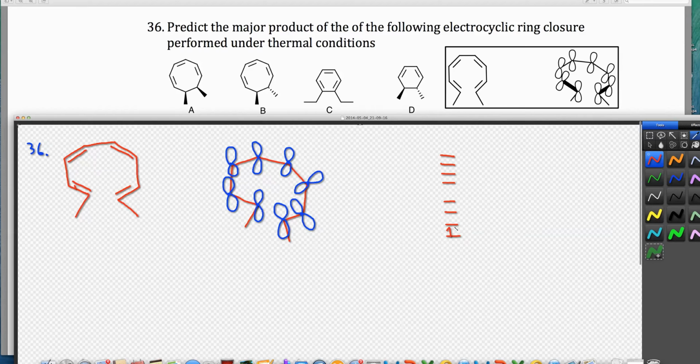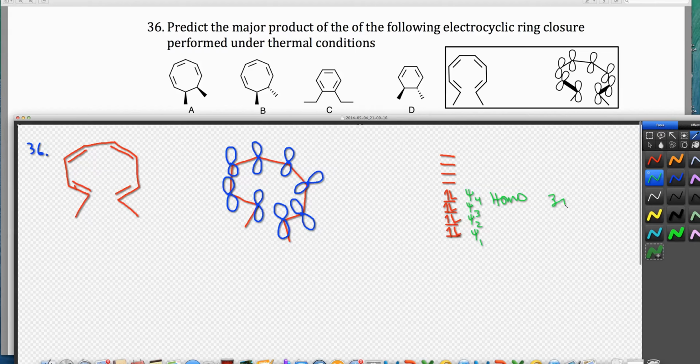So with our occupancy, we can put 2 pi electrons into each psi. So lowest energy, psi 1, then psi 2, then psi 3, then psi 4. Psi 4, the HOMO, is the one that we're interested in.